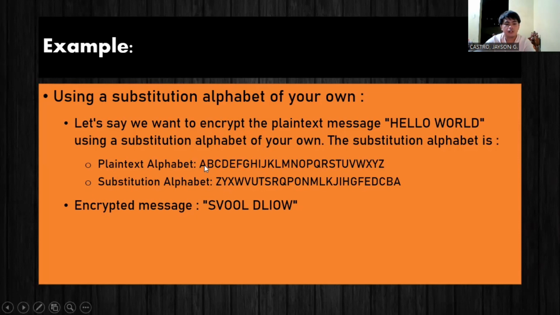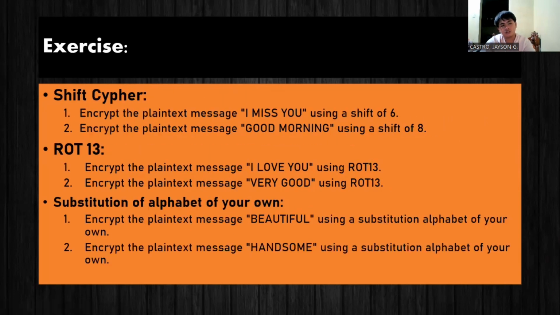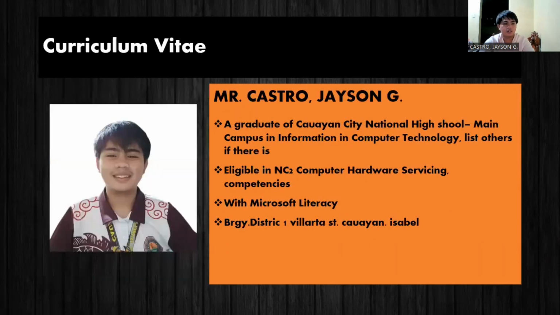And the next letter is E, so I count the letters from A to E, and the encrypted message is count the substitution alphabet from first to five letters. That's the encrypted message. And this is some exercise that I made.